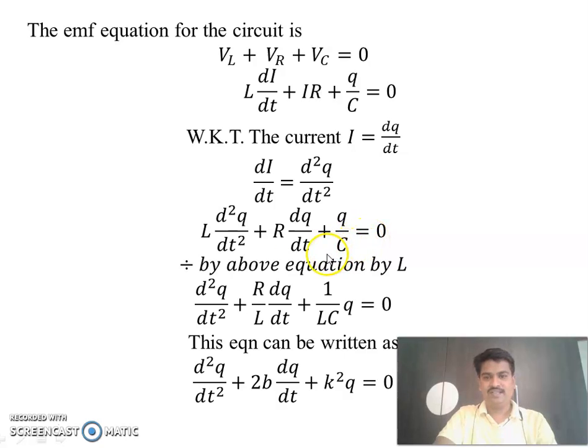Now to solve this differential equation, I'll divide the entire equation by L, and the equation becomes d square q by dt square plus R by L into dq by dt plus 1 by LC into q is equal to 0. Now to solve this equation, I'll take R by L as 2b, and I'll take 1 by LC as k square.